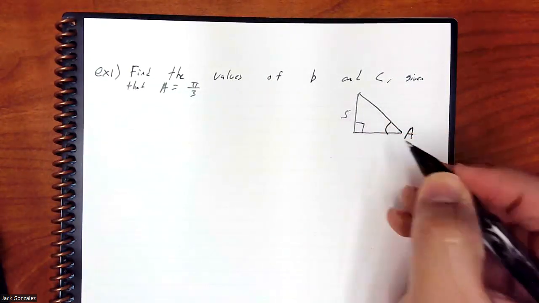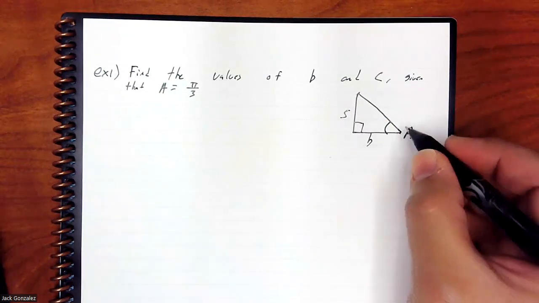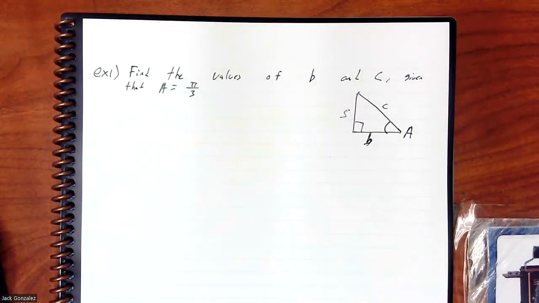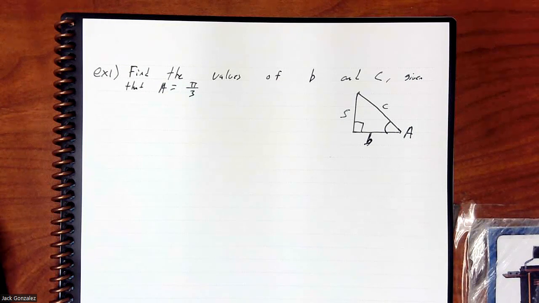This is number 5. B is missing. C is missing. C will almost always be the hypotenuse, if not H. Lowercase a and b will be the other sides. Doesn't matter which, it's the same thing. When you're solving and you choose to call one side B and the other side A, doesn't matter.